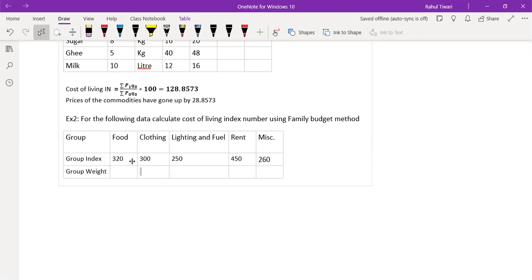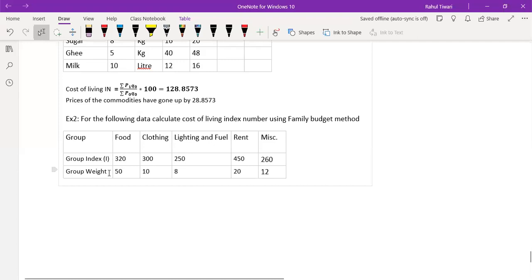We have 50, 10, 8, 8, 20, 12. You can take this as homework. So this is your I and this is your weight.